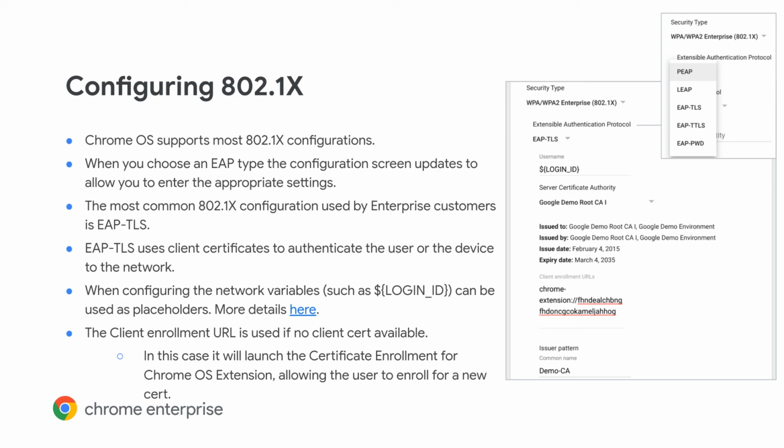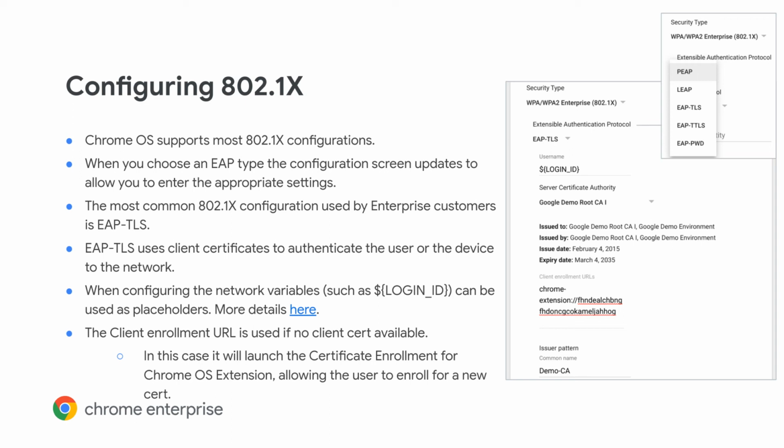And there's more examples of this, and you can find it on the link once we've shared the slides with you after this session. And then also the client enrollment URL that you can see on this page is pointing towards the certificate enrollment extension.